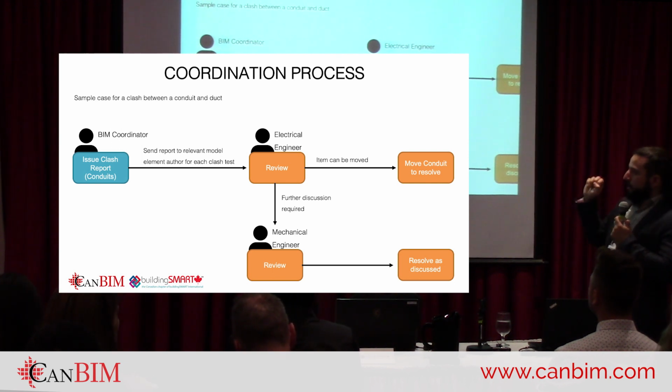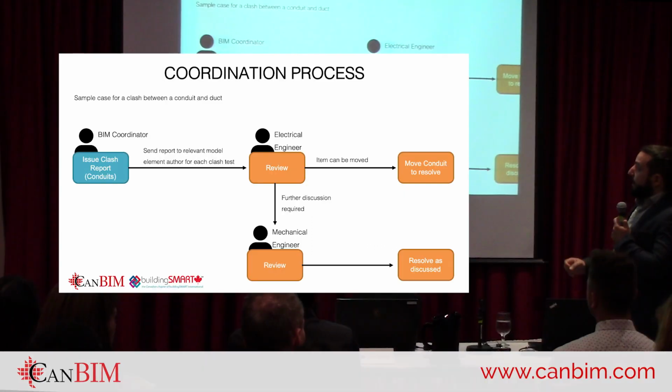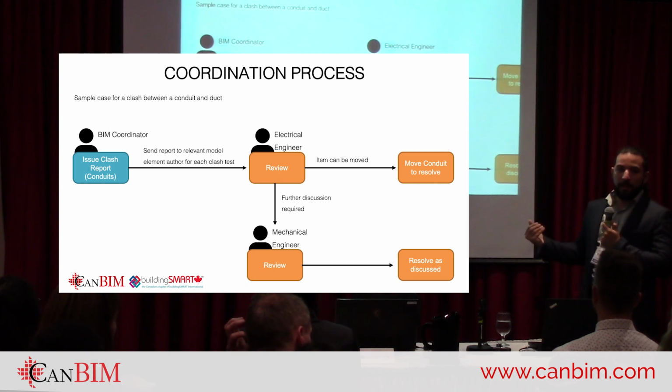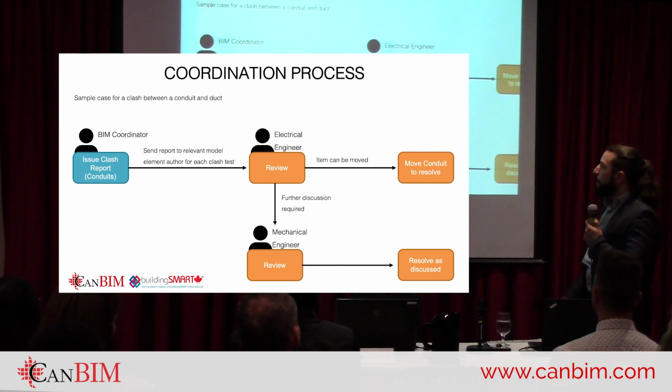So what happens is your BIM coordinator sends the report to the relevant model element author, basically the person who's modeling this element, and asks them to fix the clash. In this case, that is the electrical engineer. The electrical engineer reviews this, and there are two courses they can take. If they can move the conduit, which is the preferred action, they would just move the conduit, the clash is resolved, and we're done.